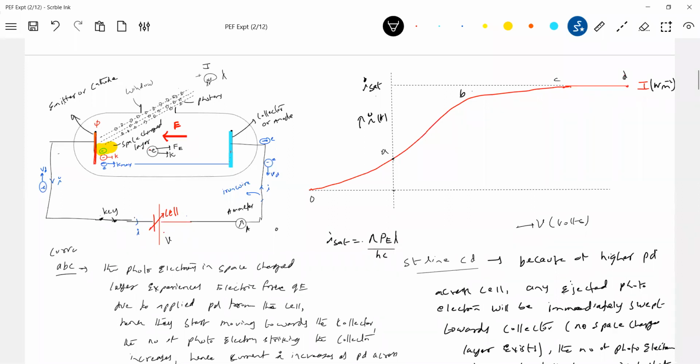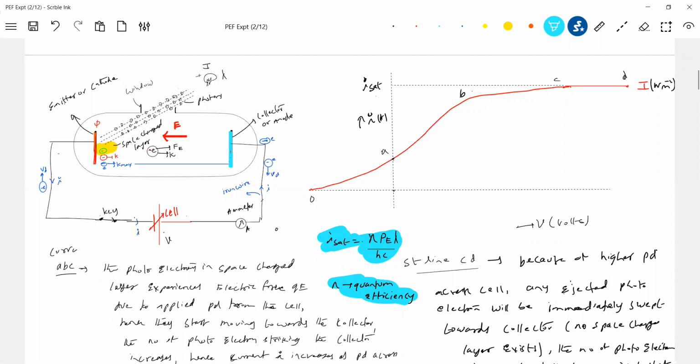So how are we bringing this? Eta is called quantum efficiency. How many photons are emitted by the source per second?